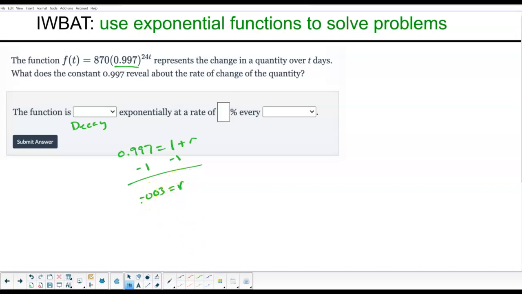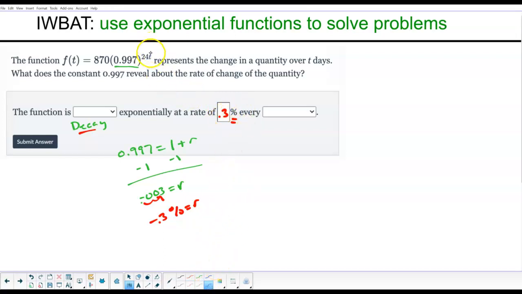However, we want to write this as a percent. So this decimal has to move 2 spots to the right. And then we are going to say we are decaying, and then because we use the word decay, we don't put the negative in here, and we just write 0.03%.